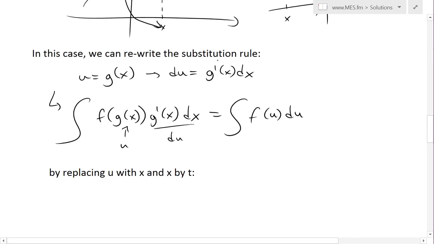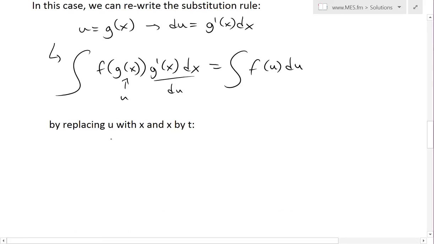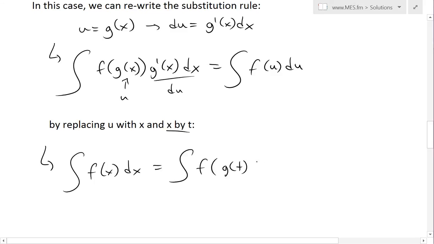But in our case we're going to be rewriting it in reverse. We replace u with x and then x by g of t. So u becomes x, and f of x dx is equal to, when we apply x equals g of t, f of g of t times g prime of t dt.